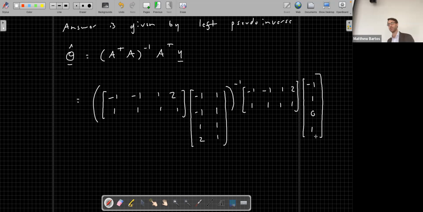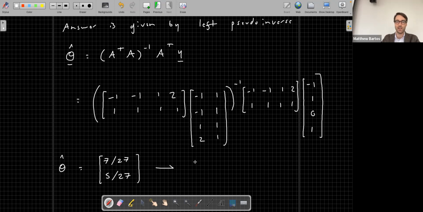And you can go ahead and calculate this by hand if you wanted to. I actually had to do this on a test when I took linear systems theory in grad school. So you can compute this by hand, and what you'll end up with is the vector theta hat equal to 7 divided by 27 and 5 divided by 27.